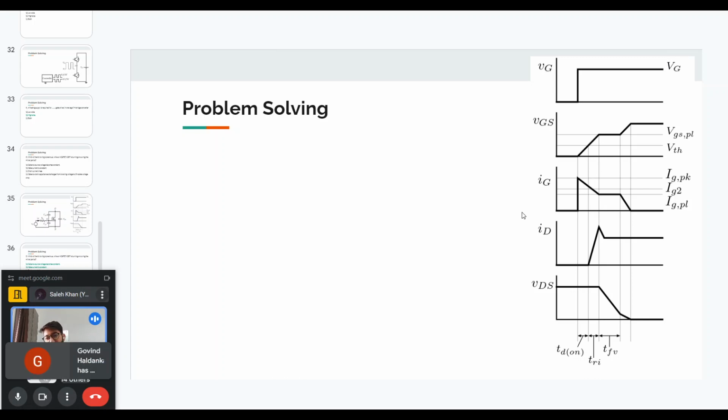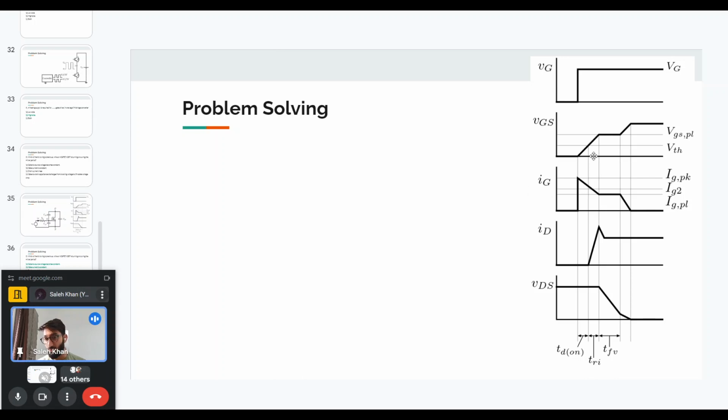And as we'll see, VG can be 10 volts or 15 volts, and RG can vary a lot. But let's say if it is 5 ohm, then the peak gate current can be 2 or 3 amperes.